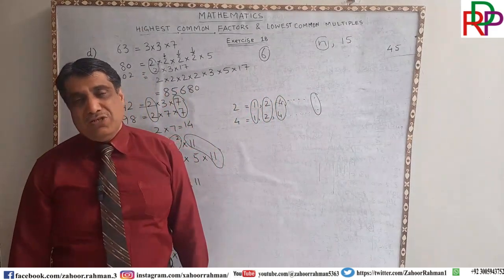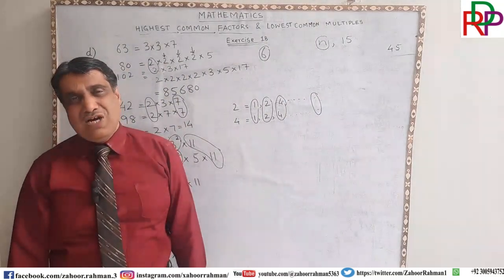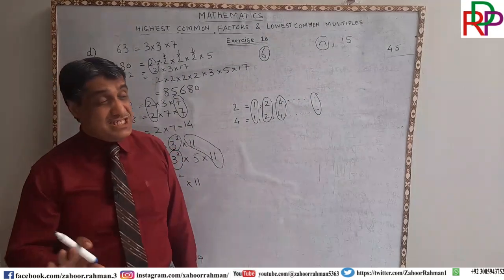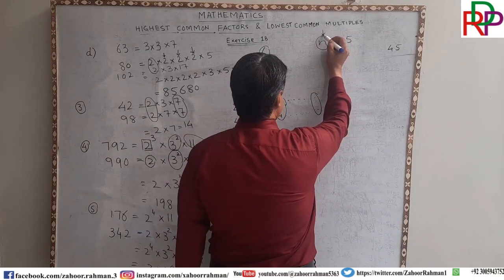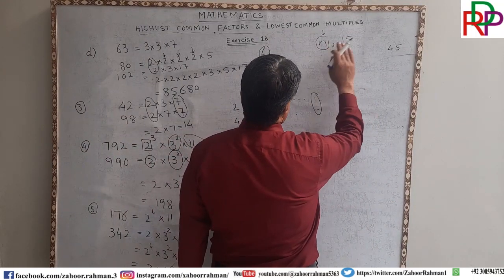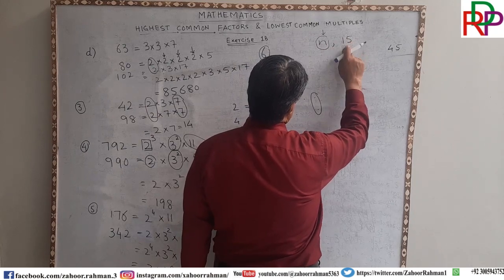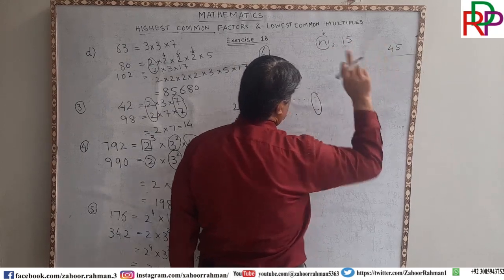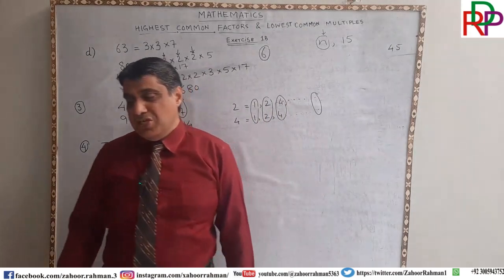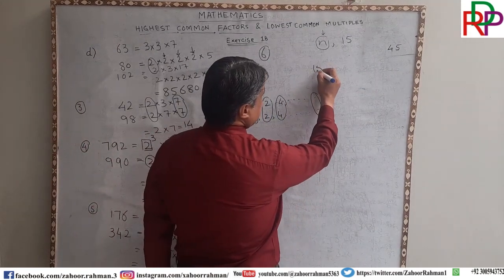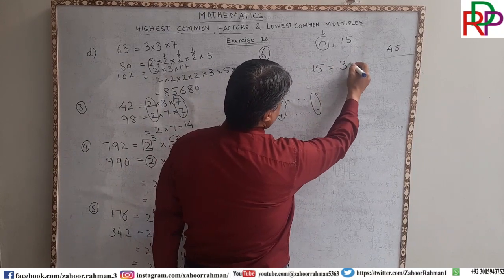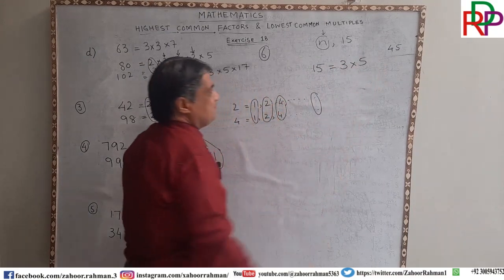The question is saying: what will be the value of n when the LCM of n is taken with 15? It becomes 45. So we first find the factors of 15, and that is 3 into 5.